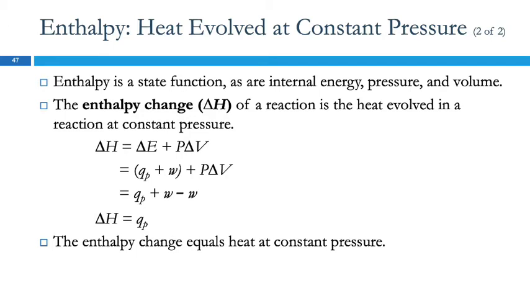It doesn't matter how you got there. So if we want to look at the change in enthalpy, delta H, the change in enthalpy is going to equal the change in internal energy plus pressure times the change in volume. The pressure doesn't have a delta here because this is at constant pressure.